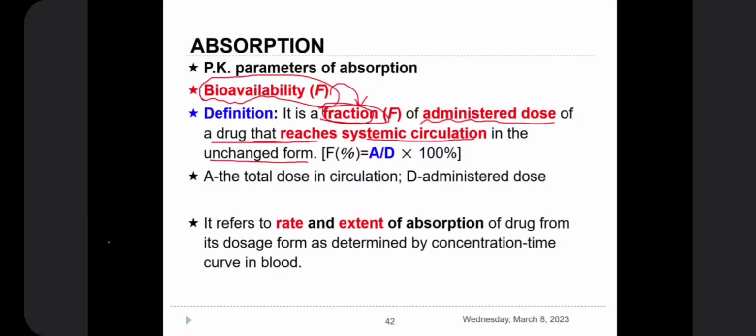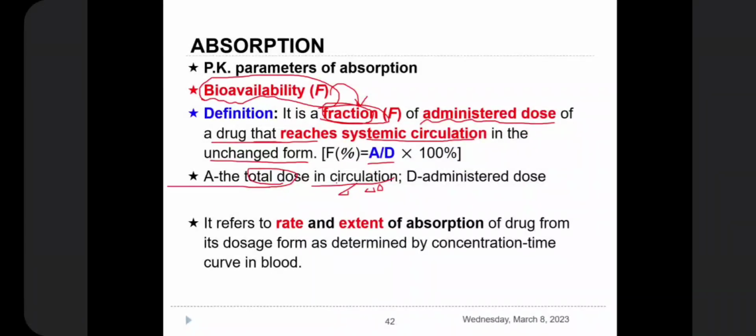Okay, it means you can see this equation. F is equal to A divided by D. A means the total dose in circulation, and D means the administered dose.